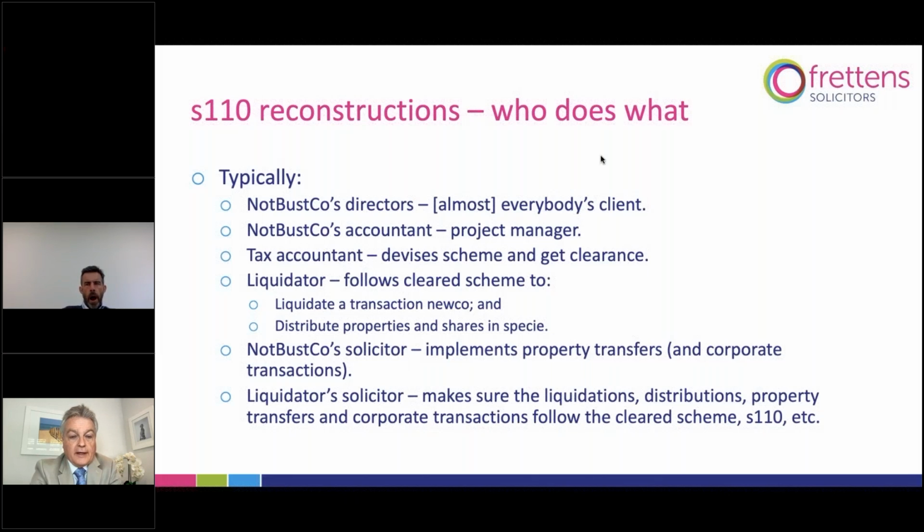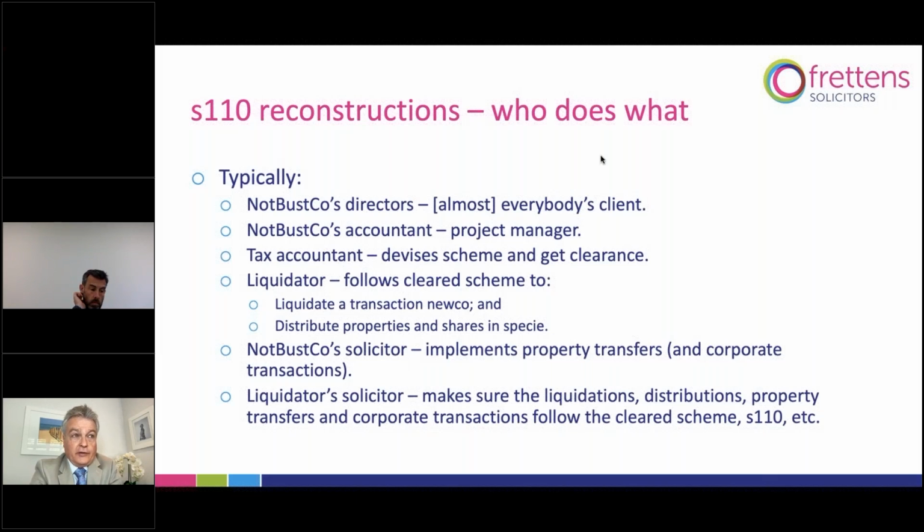But they may not have seen very many Section 110 reconstructions, and you may find that the company's solicitor actually relies very, very heavily on you to explain to them what the legal workings of a Section 110 scheme are.